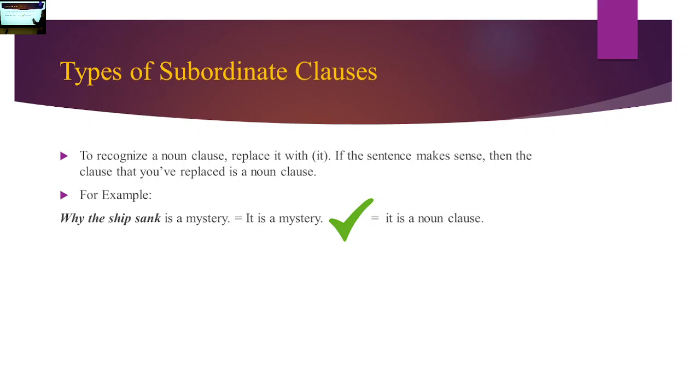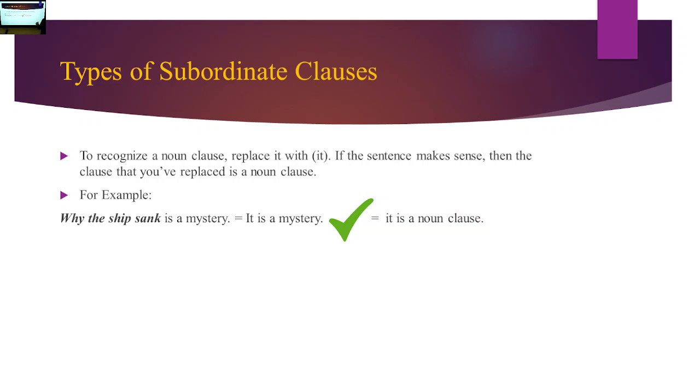Now, to recognize a noun clause, replace it with it. If the sentence makes sense, then the clause you've replaced is a noun clause. This is in case you are confused and you don't know whether this is a noun clause or not. So, in order to solve this confusion, you replace the noun clause with it.